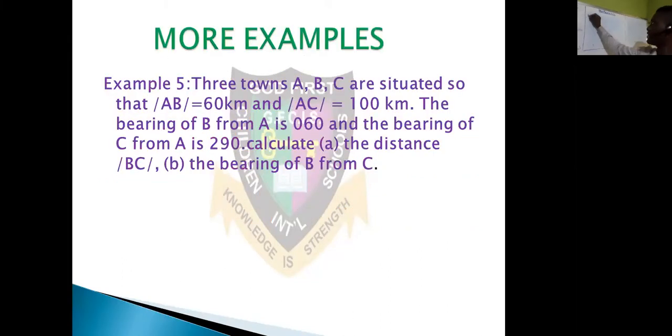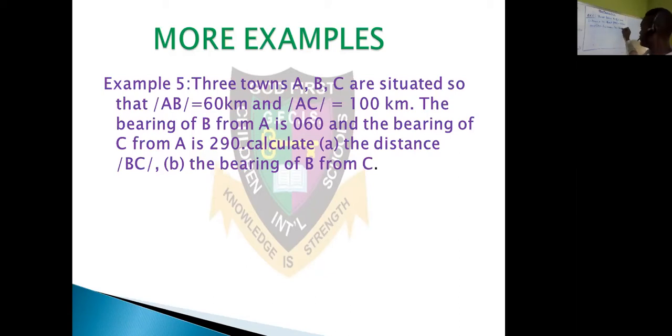So 3 towns, example 5. 3 towns A, B, and C are situated so that AB is equal to 60 kilometer and AC is equal to 100 kilometer.